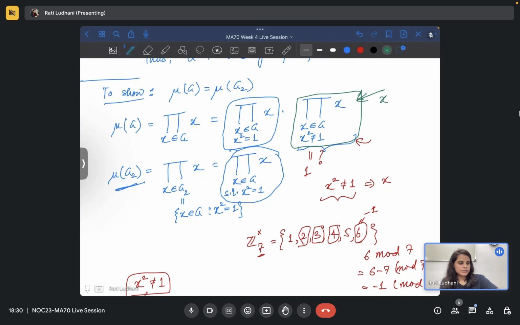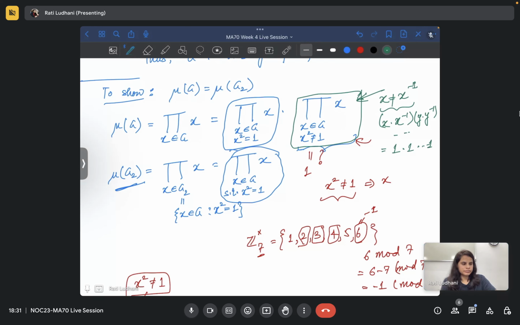If x is there, then x inverse is also there, and these are not equal. So every element will exist in pairs, and you have the product x, x inverse, some other element, say y, y inverse, and so on. When you do the product, you will just get identity times identity and so on. So this product will be just 1, and we are done.